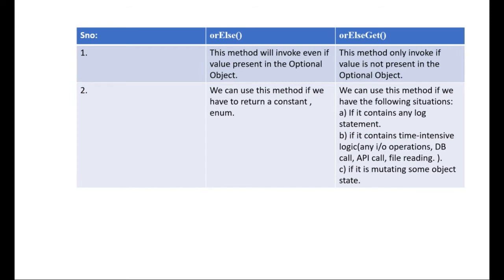We can use orElse whenever we need to return a constant or enum value. But we can use orElseGet in situations where the method has a printing statement, like a log print, or time-intensive logic, or needs to create some object. In that case we can use orElseGet, because the orElse method will be called every time, whether a value is present or not.